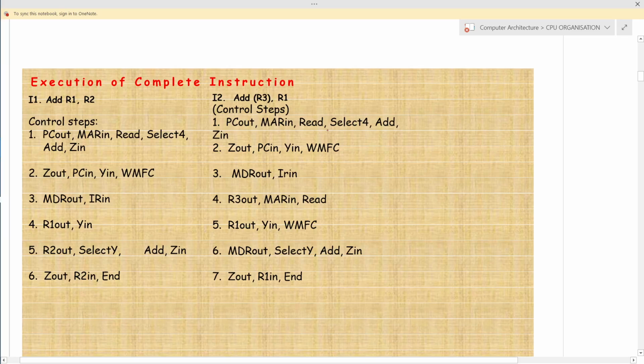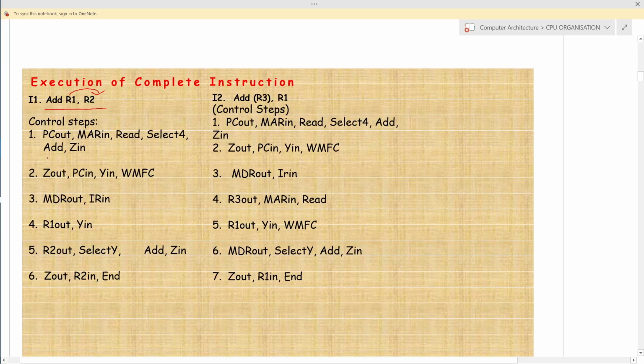Before starting the hardware control approach, this is the complete instruction execution. When the CPU executes one instruction, for example an addition of two numbers, adding register value R1 with R2, the addition passes through several steps, which we already discussed in the previous video lecture.